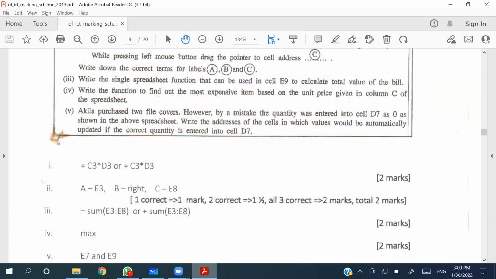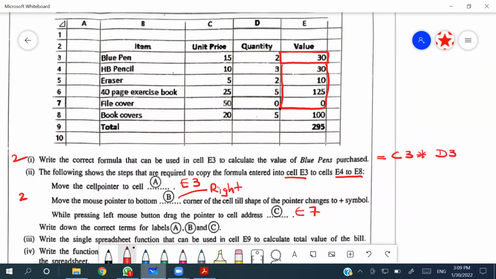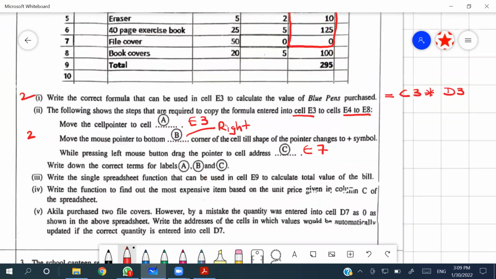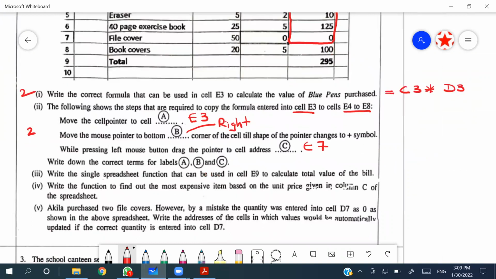what they're asking is write a single spreadsheet function. Single spreadsheet function, that's it. Spreadsheet function that can be used in cell E9 to calculate total value of the bill. So right over here. So if they are asking for a function, it's going to be equal sum.